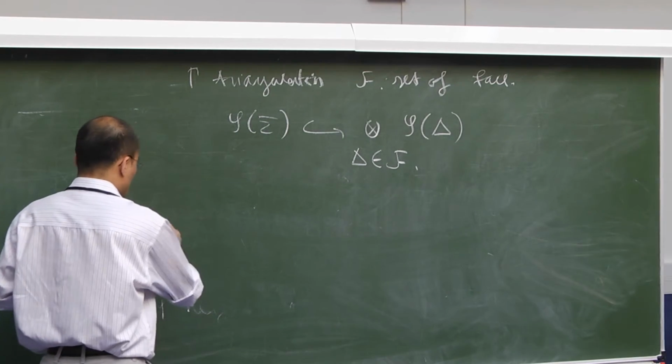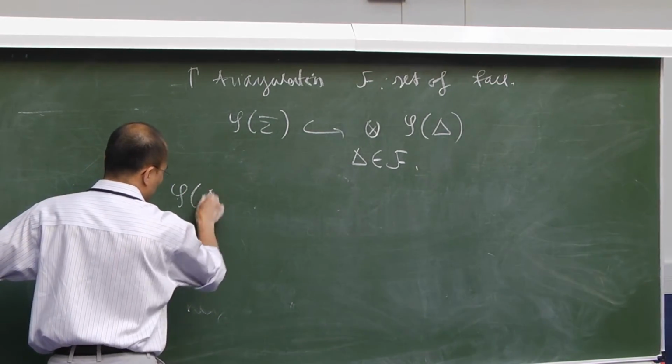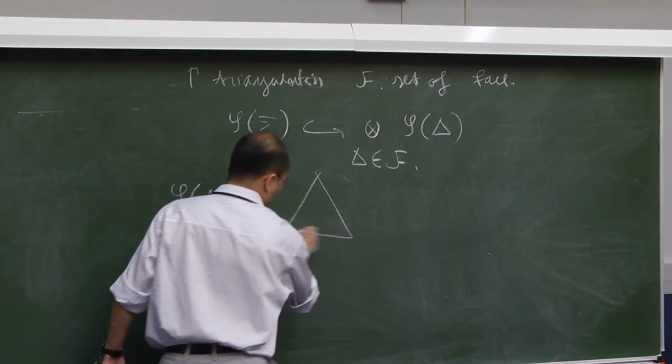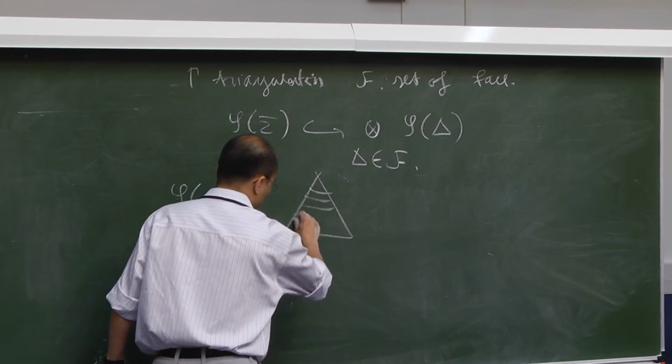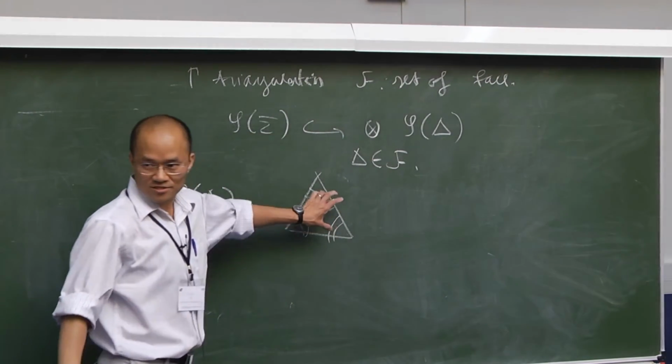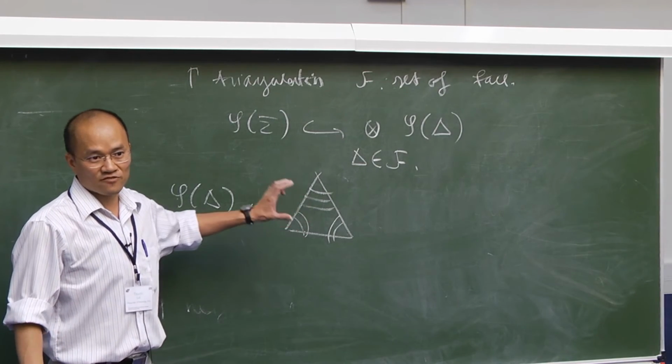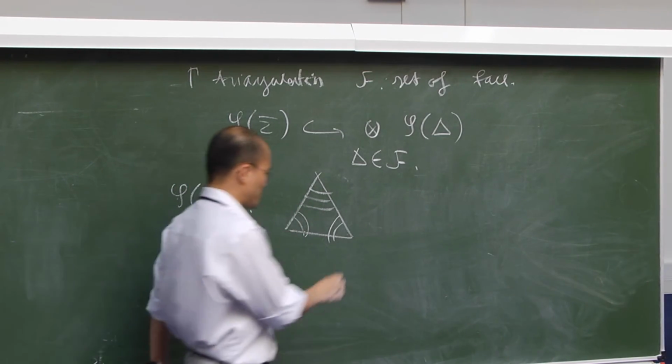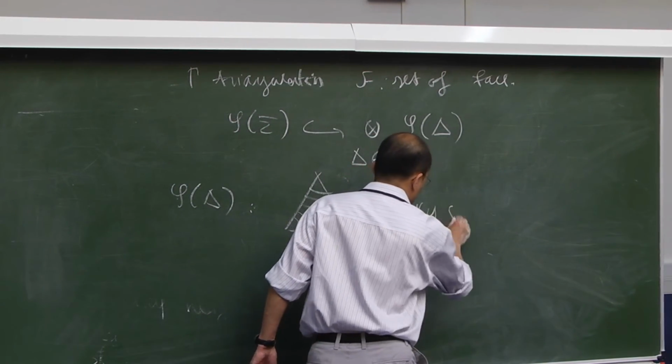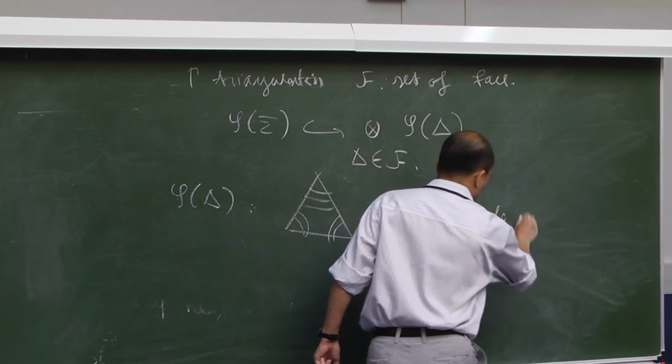And the skein algebra of a triangle has a basis that is very simple, according to what we had there. So it has a very simple presentation.